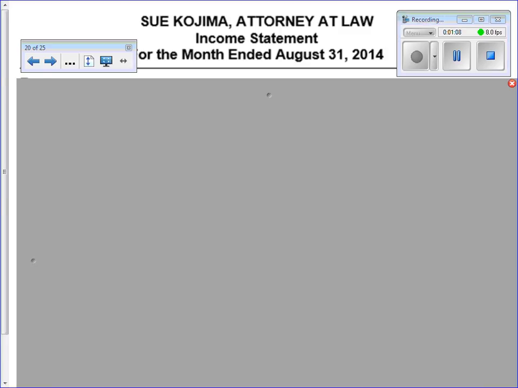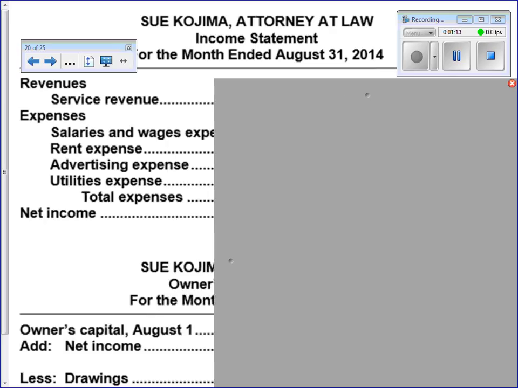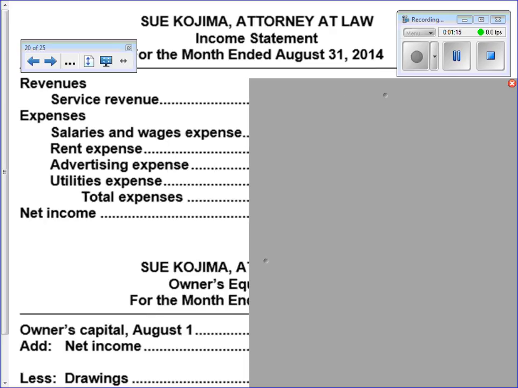Let's put some headings in first. As far as the number of lines they give you, can you tell that they're giving you more lines than you need? So where it says revenues, these are considered headings.